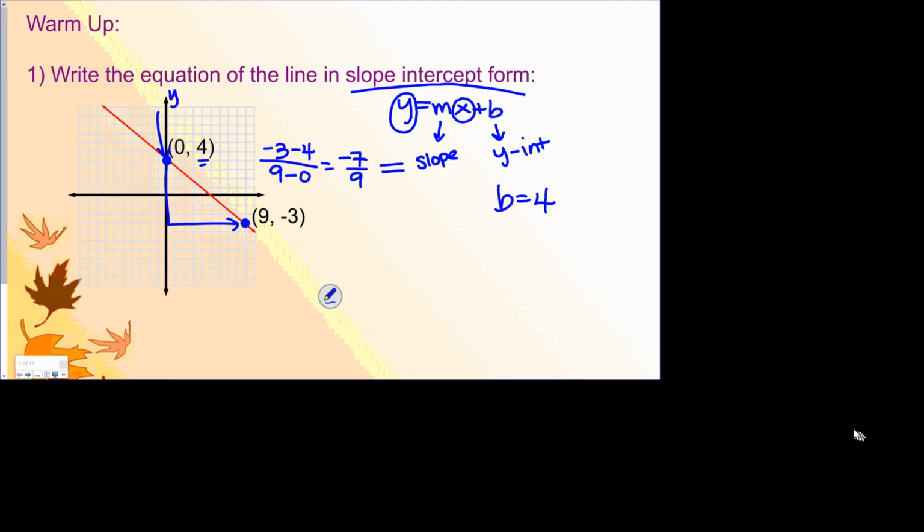So if m is -7/9 and b is 4, then to fill into our slope-intercept form equation, we will get y equals -7/9 x plus 4. So that's just a quick review of slope-intercept form. And so today we're going to get into how slope-intercept form is useful.